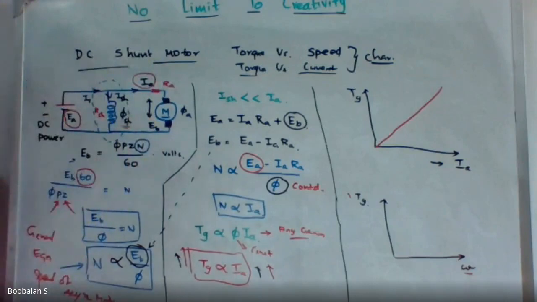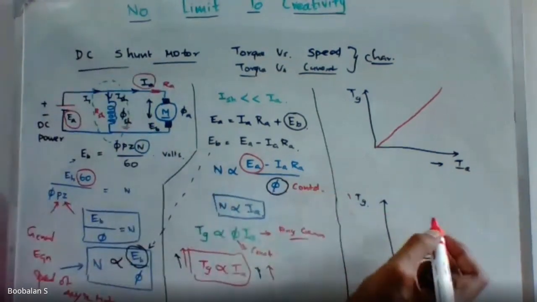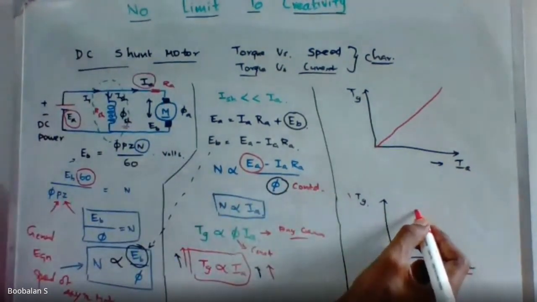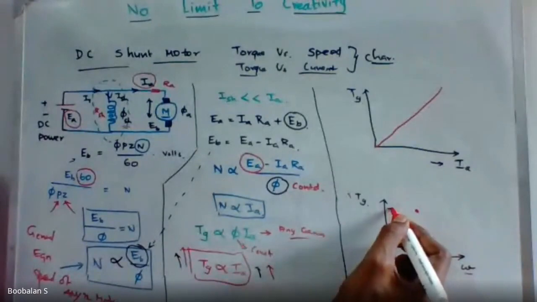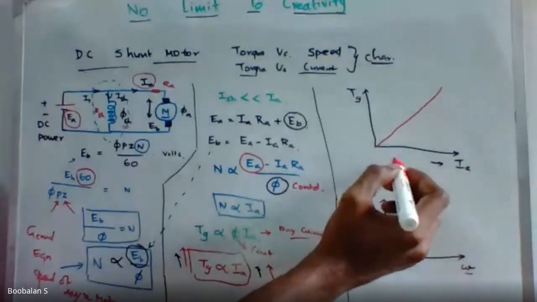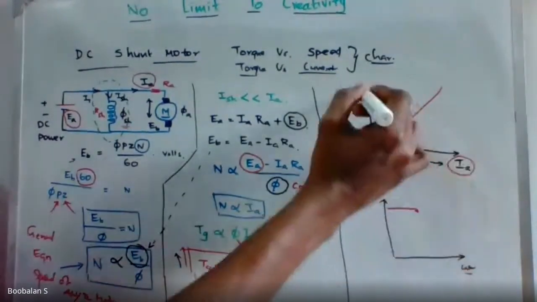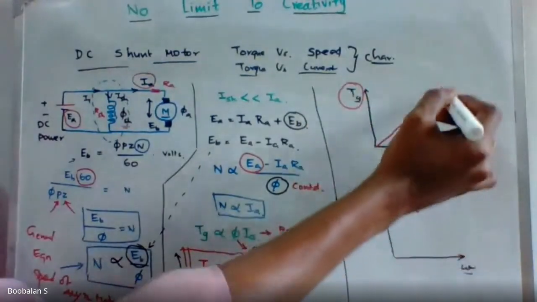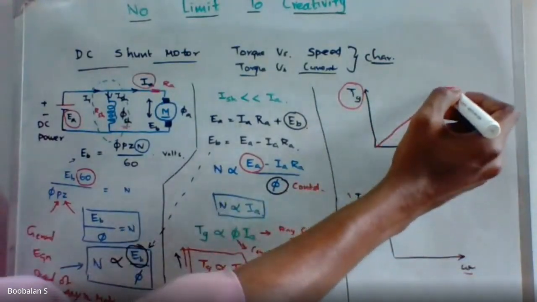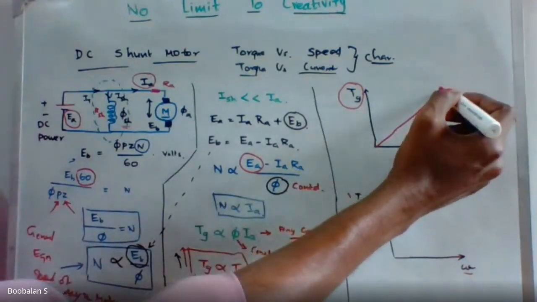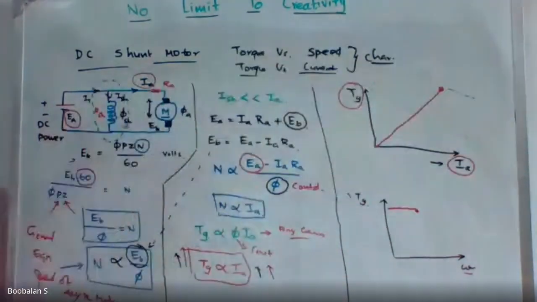So up to rated current, rated voltage, rated motor rating, it has a constant torque because IA is increasing and TG is also increasing, but only up to a particular current rating. Beyond that, it can't pull the torque, and it's losing its characteristics.